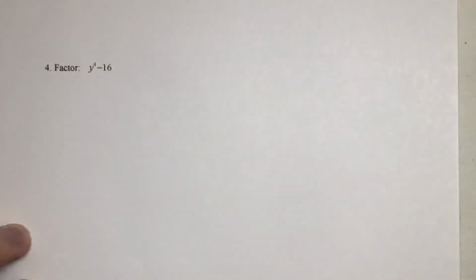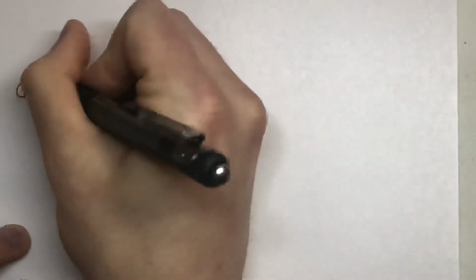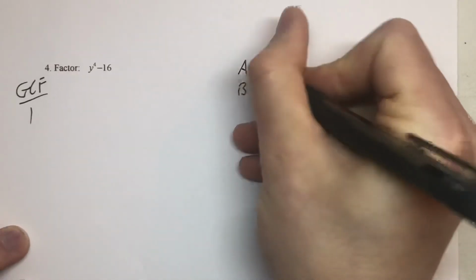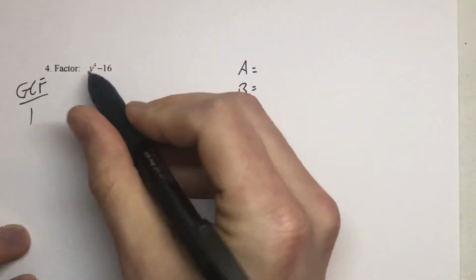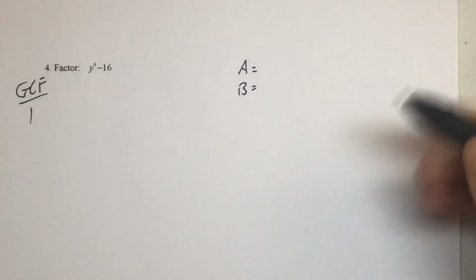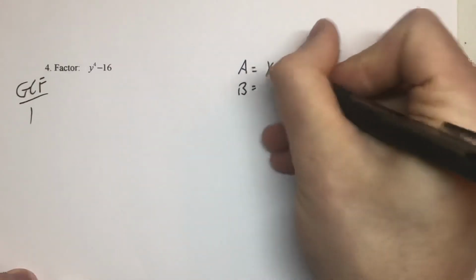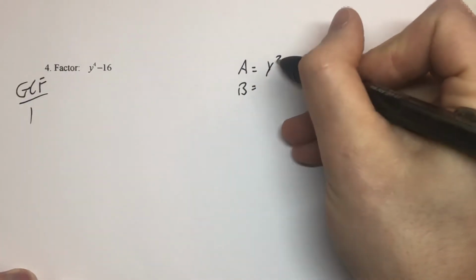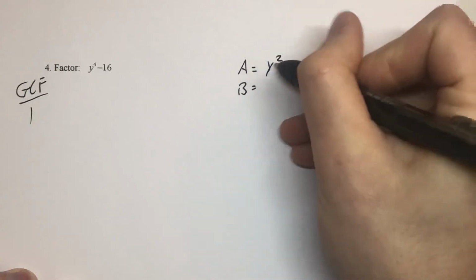All right, next one. First step, GCF. GCF is a 1. So now we're looking at this thing, and it has a subtraction sign, so let's try for an a and a b. Now, what do you square to get y to the 4th? Well, thinking about our exponent rules, it makes sense that we would need y squared, because with y squared squared, a power to a power, you multiply.